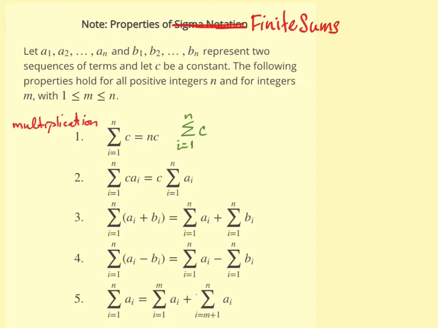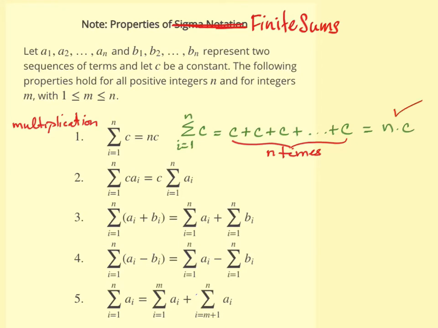There's just n of them. So written out, this sum is c plus c plus c dot dot dot plus c. There are exactly n terms that are identical. So it's just n times the number c. And that's what the equation says.